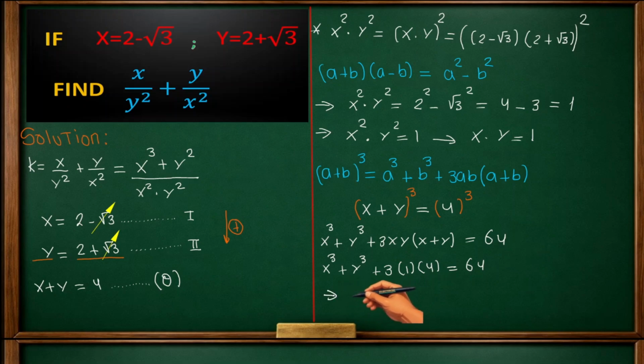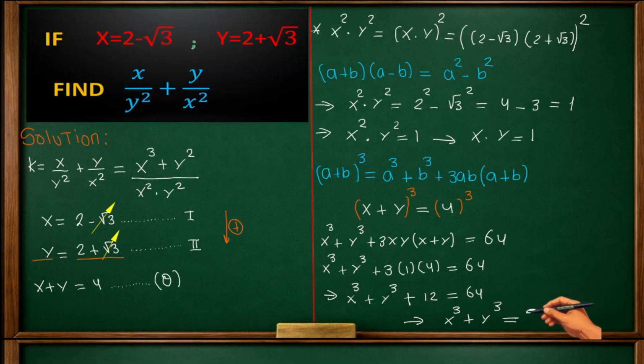Then x to the cube plus y to the cube plus 3 times 4, 12, equals 64. Then x to the cube plus y to the cube equals 64 minus 12, which is 52.